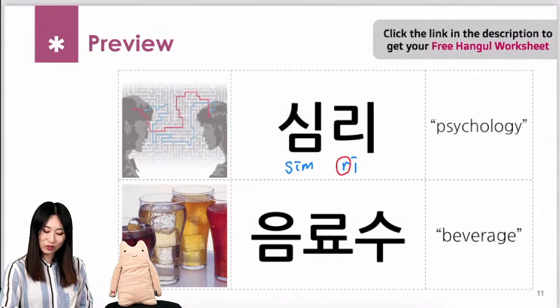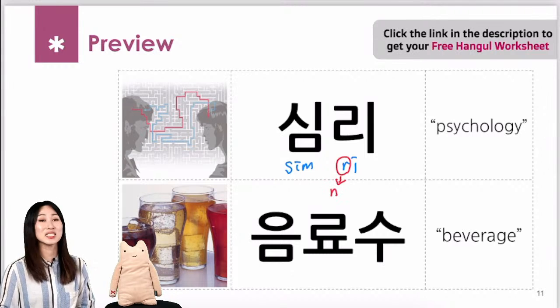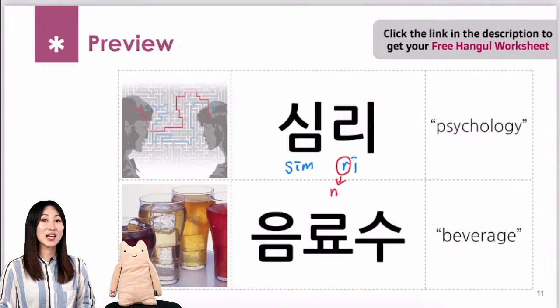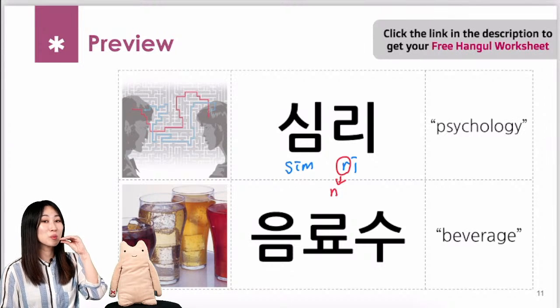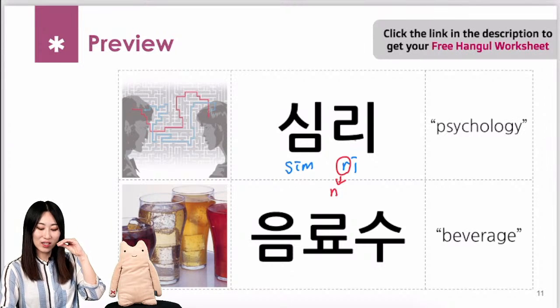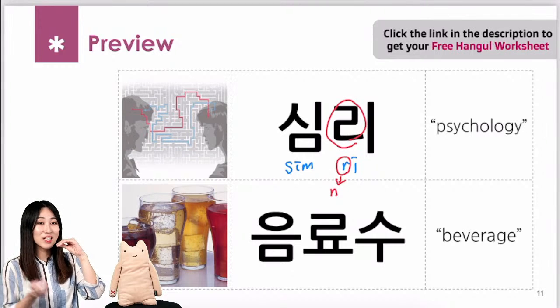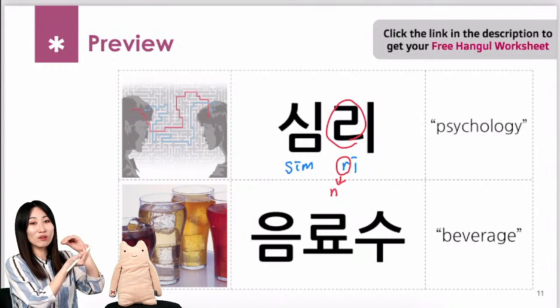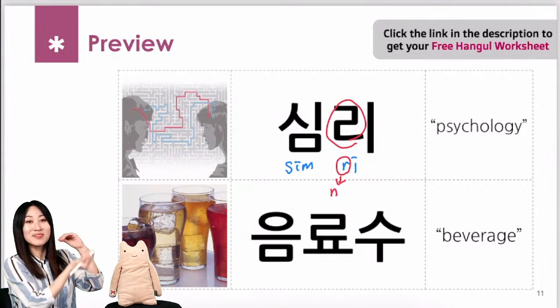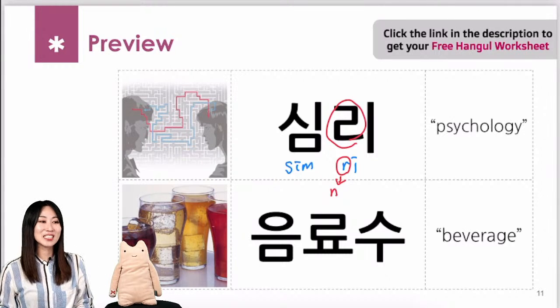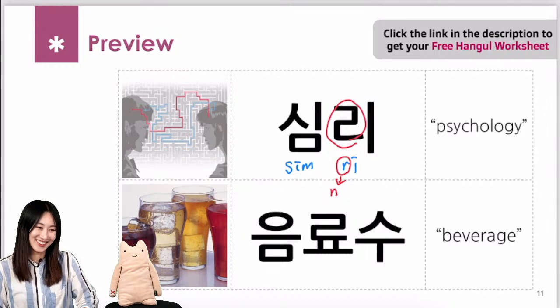Change 리 to 니. 심니, psychology. Again, 심, you already closed your mouth. So when you pronounce the following sound very quickly, rolling your tongue requires a lot of work. So instead of rolling, you just quickly pronounce without rolling, like 심니.